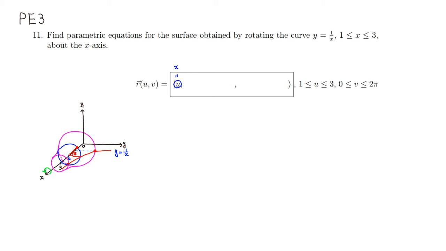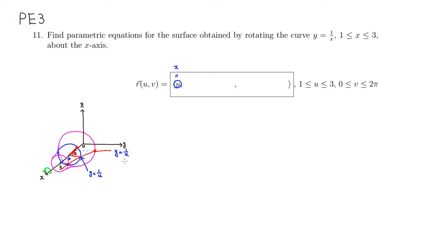So the radius is simply 1 over u, because y equals 1 over u is just the distance from the x-axis to the curve.